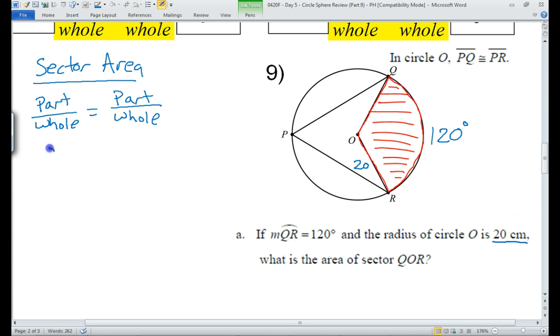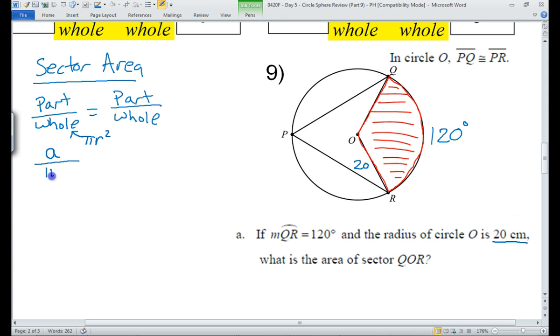So I'm going to call that a. I use a lowercase a when I'm talking about a partial area. I like to use an uppercase A when I'm talking about the whole area. But for right now, I won't use an uppercase A because I'm going to go straight to the formula. The whole area is given by pi r squared, right? Remember the whole area of a circle is pi r squared.